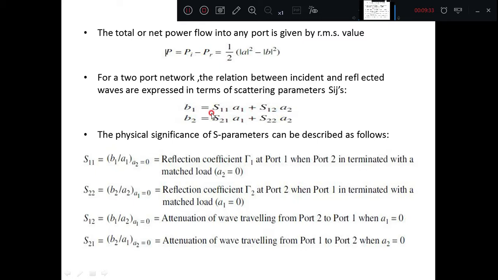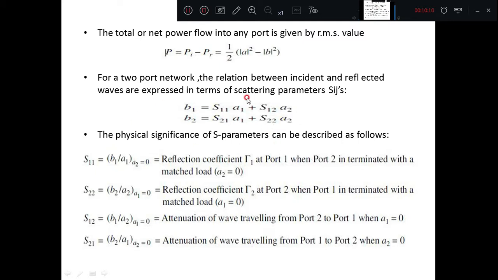So here B1 is equal to S11 A1 plus S12 A2, B2 is equal to S21 A1 plus S22 A2. If you write this in matrix form, you will get the column vector B1 B2 equal to a square matrix with S11 S12 as the elements of the first row, and S21 and S22 as the elements of the second row, multiplied by the column vector A1, A2, right?